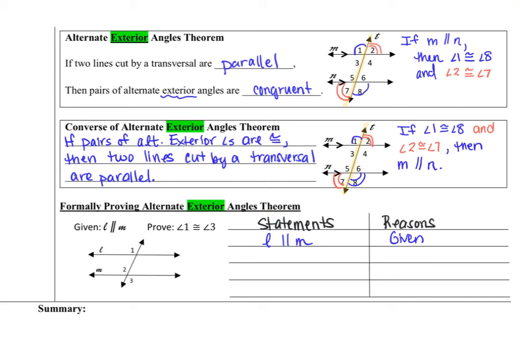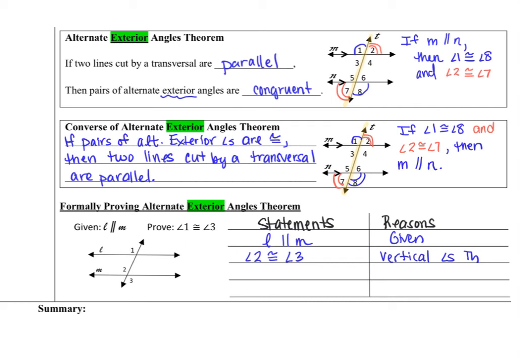So we have to think of other angle relationships. If we look at angles 2 and 3, what kind of relationship do those angles have? Angles 2 and 3 are vertical angles, so we can say angle 2 is congruent to angle 3 by the vertical angles theorem.